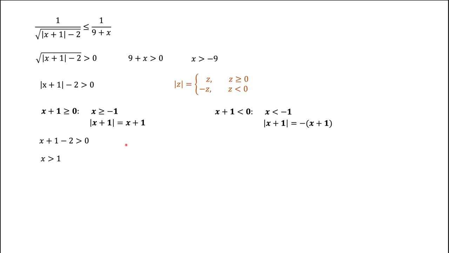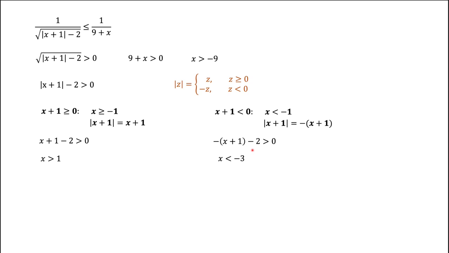The other possibility is when x plus 1 is less than 0. In this case, absolute value of x plus 1 becomes minus x plus 1 based on this formula. And now if we put minus x plus 1 instead of absolute value of x plus 1 into this inequality, this is what we're going to get. And we simplify that and we get x less than minus 3.